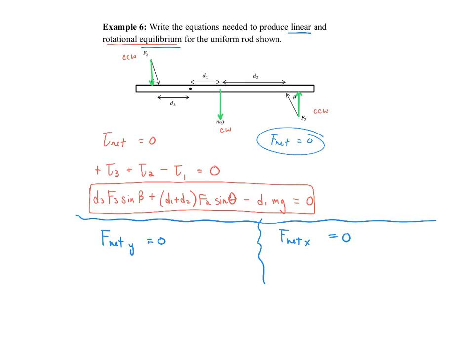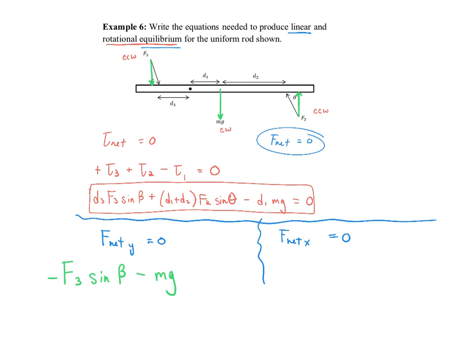So we've got, in the y direction, F3, but that's going to be a negative because it's acting down. And then it's going to be times the sine of the angle, which in this case is called beta. Again, sine for the y direction, cosine for the x direction here. What else in the y direction? We've got mg acting straight down.